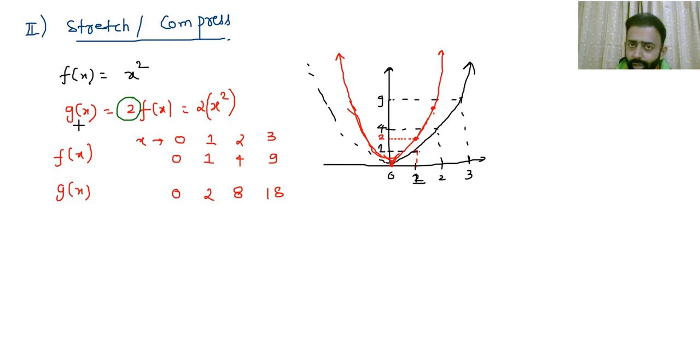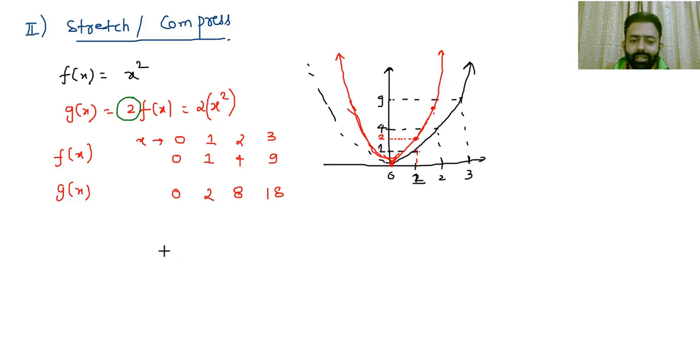Right? Now, the opposite will be the case when you divide this function by 2, or when this constant is less than 1. Whatever the constant you are multiplying with the function, if that constant is greater than 1, then we say that it is stretched, and if it is less than 1, meaning you are dividing.